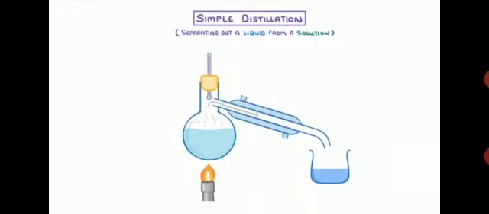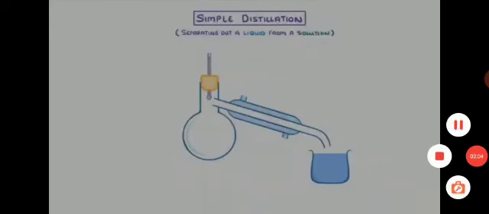After some time all the vapors will be collected as a pure liquid. So I have obtained pure water now, which can be used for drinking purposes also, leaving behind the salt residue here. This is how simple distillation apparatus works.